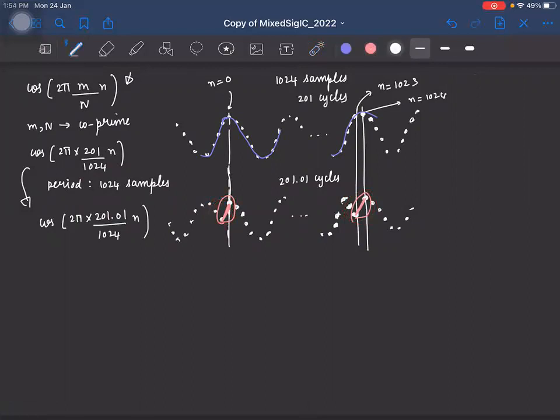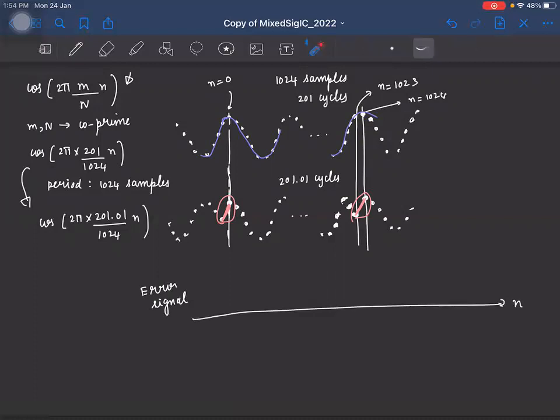For this purpose, let's try to model this signal. One simple way of thinking about this signal is that it is a smooth sinusoidal signal to which we are adding some kind of error. We can think of it as some error signal getting added to an otherwise smooth sinusoid. How will that error signal look? Let us say this is my axis n.